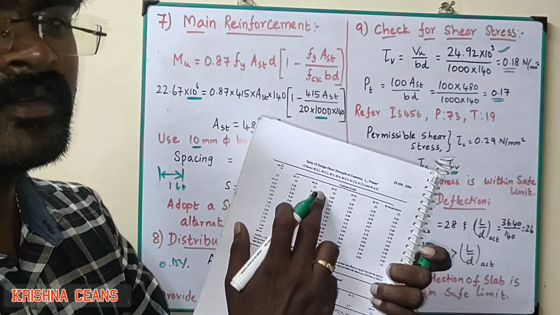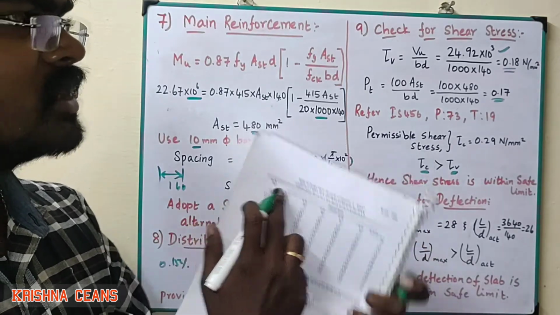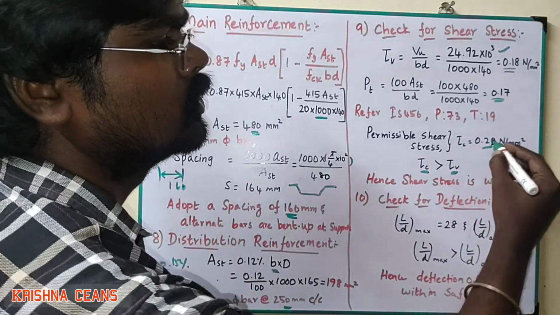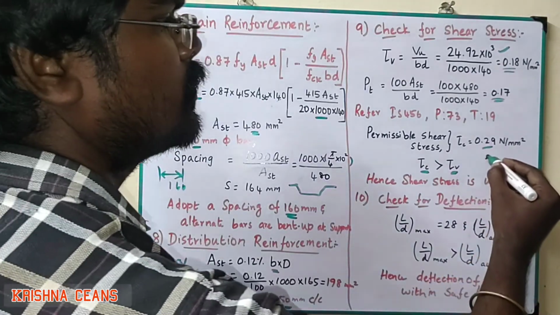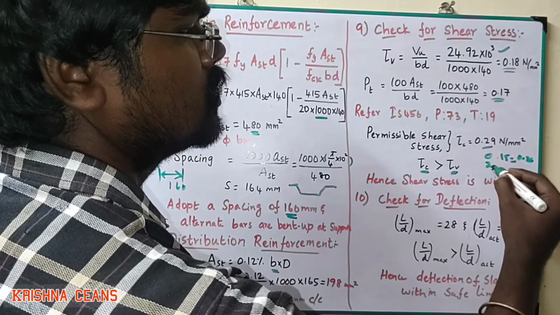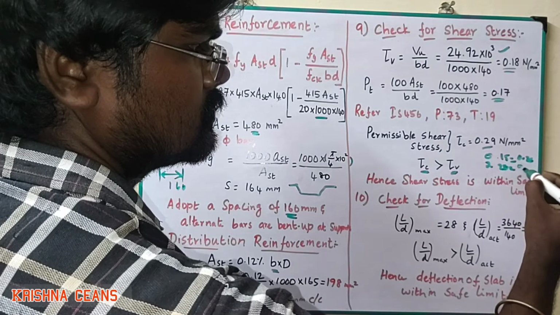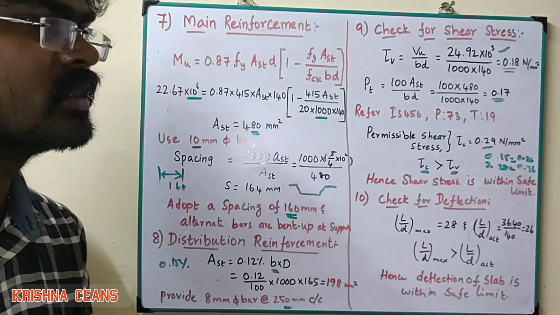We have to interpolate between 0.15 to 0.25. So we will provide an approximate value, that is 0.29. So for 0.15 the value is 0.28, and for 0.25 the value is 0.36. So we have to interpolate for exactly.